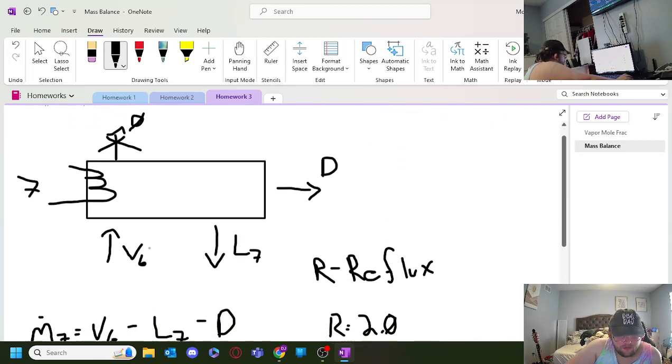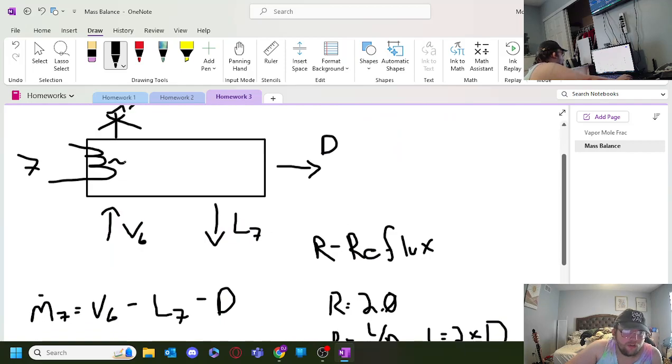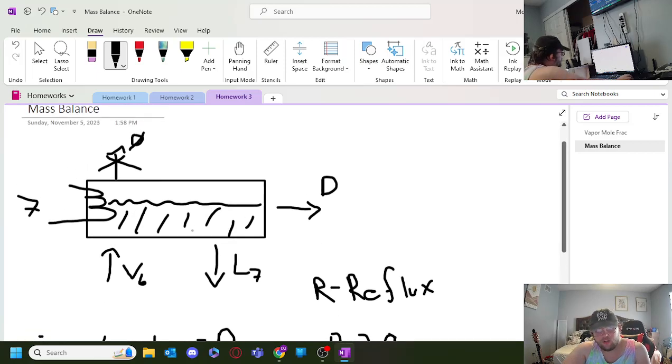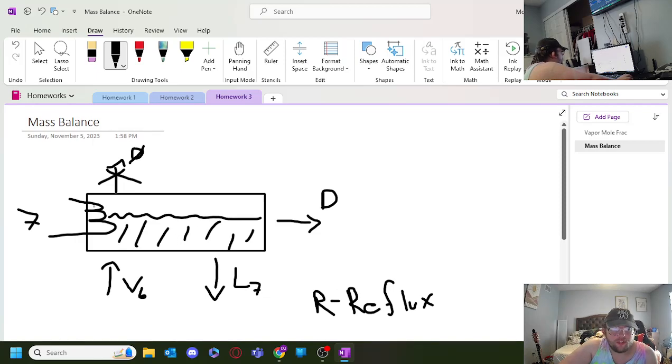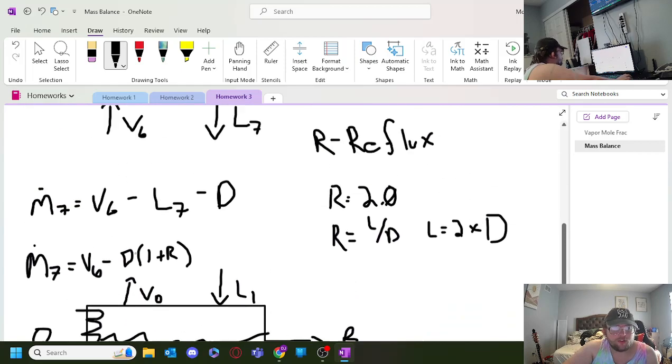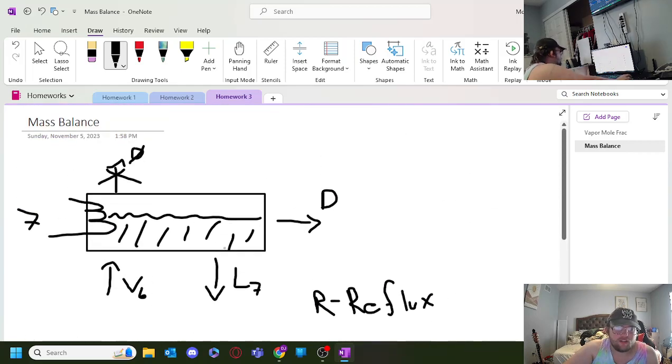Which reminds me, for our simulation to work, what's going to happen is this will be maintained at a specified volume. So what that means is we are going to assume we have perfect reboiler control such that this is always at steady state.